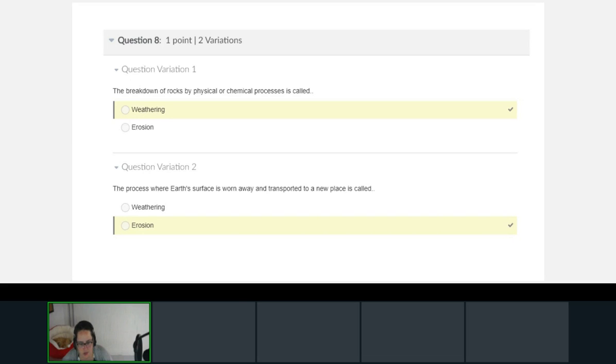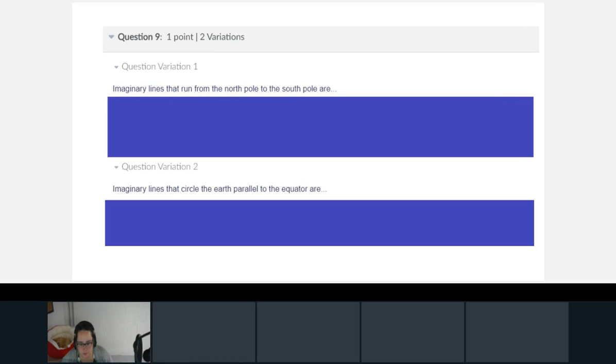And one last question here. Question 9. Imaginary lines that run from the North Pole to the South Pole are, is it lines of longitude or lines of latitude? North to South Pole.